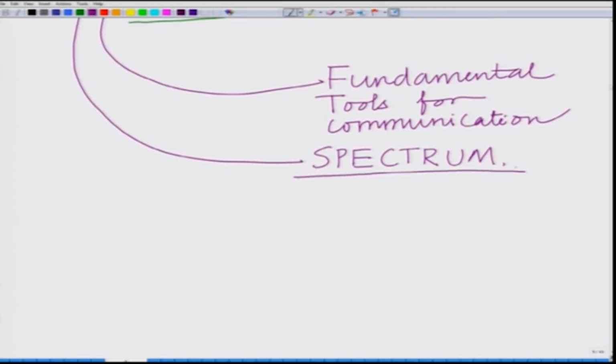And further, this spectrum can be of two types.